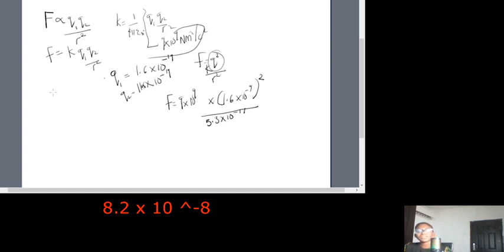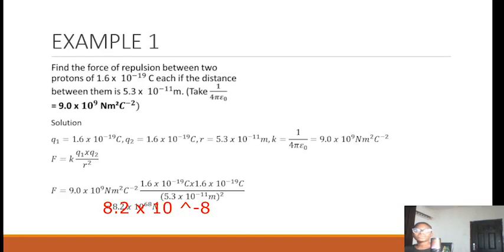If you have 9 times 10 raised to power 9 times 1.6 square, that will be 10 raised to power minus 38, over 5.3 times 10 raised to power minus 11 squared. So we can subtract the powers, and when you use your calculator, you are going to get the force of repulsion between the two protons. You can see how much they repel, that they don't even want to be together at all. So that's the force of repulsion, no attraction.